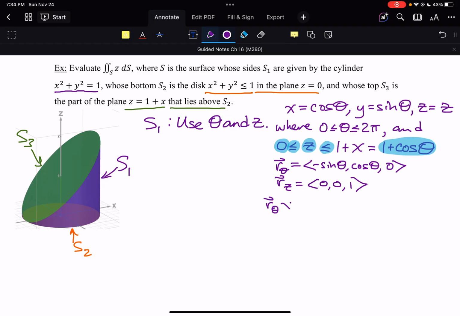And then we would need to cross them together, which ends up producing cosine theta, comma, sine theta, comma, 0.